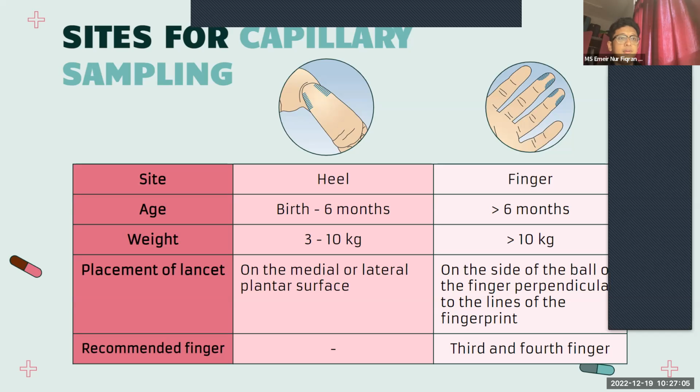Next is the finger, usually done in patients more than 6 months old and more than 10 kilograms, on the third or fourth finger, on the side of the ball of the finger, perpendicular to the lines of the fingerprint. So right here and right here. So continue.